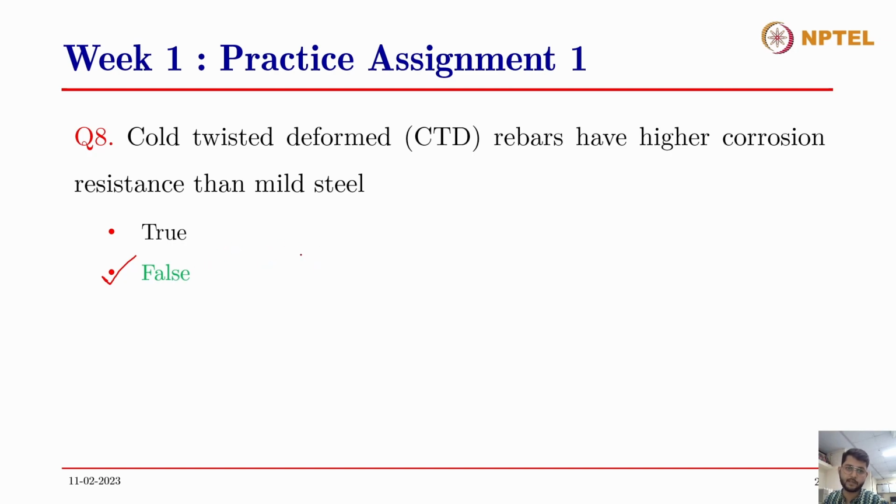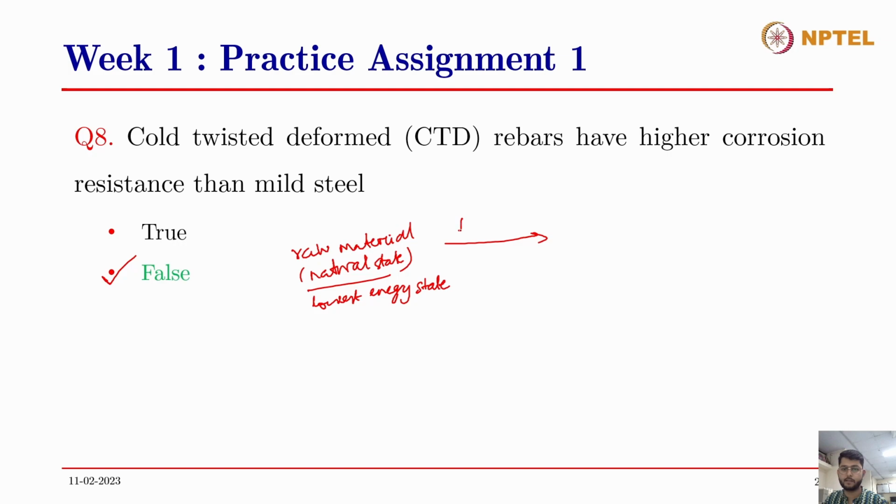Whenever we are manufacturing something using an industrial process from a raw material, the raw material in its natural state has the lowest form of energy, right?